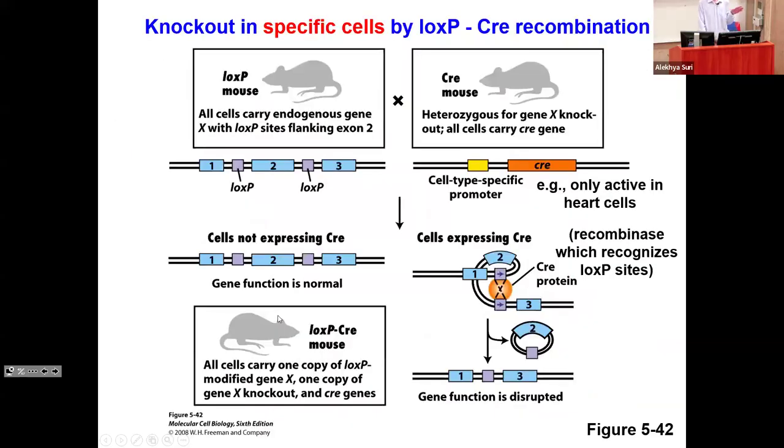In contrast, there are methods where you can create knockouts in specific tissues. This is with, for example, the Cre-lox system.